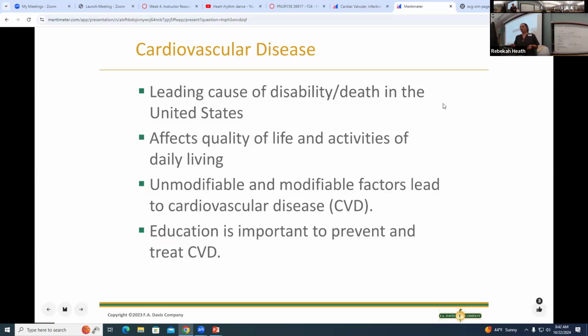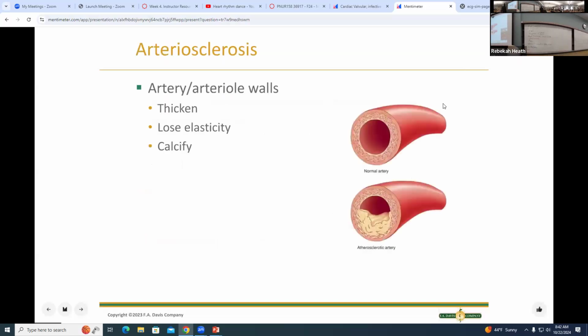So one of the things we want to make sure of is that education is so important to treat cardiovascular disease. So arterial sclerosis, this is our artery normally, and this is where the arterial walls lose their elasticity. They're not able to stretch and move. Remember, when we get warm, what happens to our blood vessels?